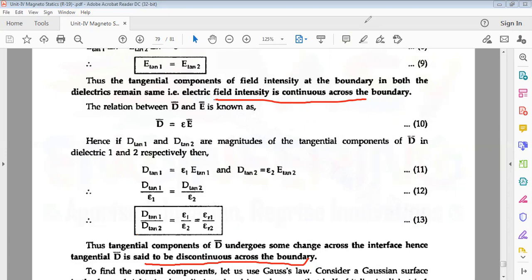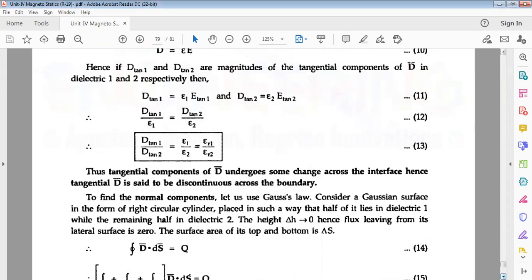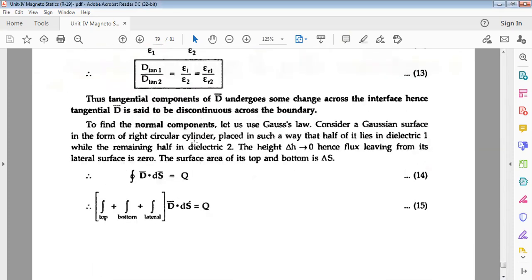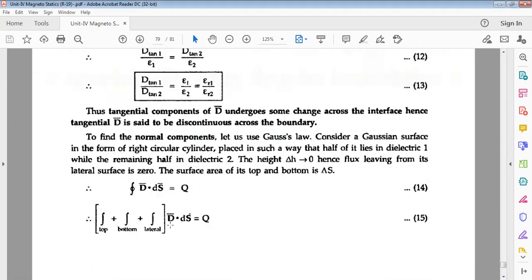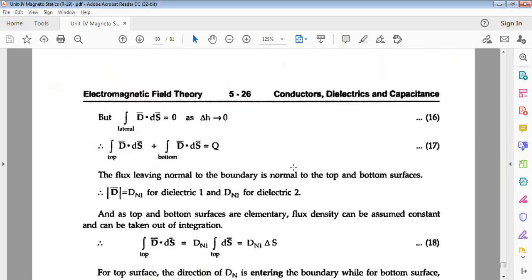And coming to finding the normal components, you can go for Gauss law. Again there are top, bottom and lateral, and the lateral is always 0 with delta H tends to 0.